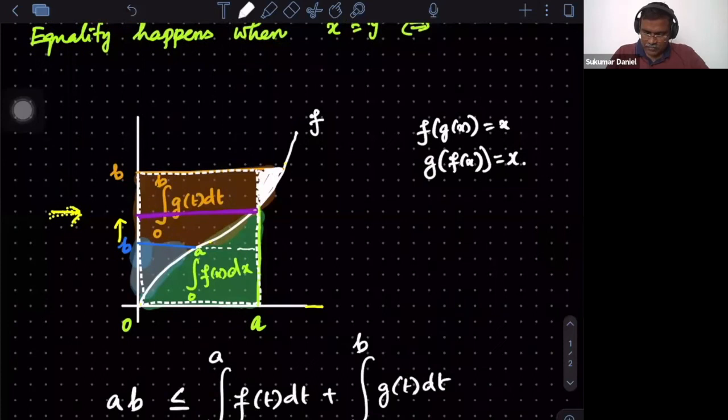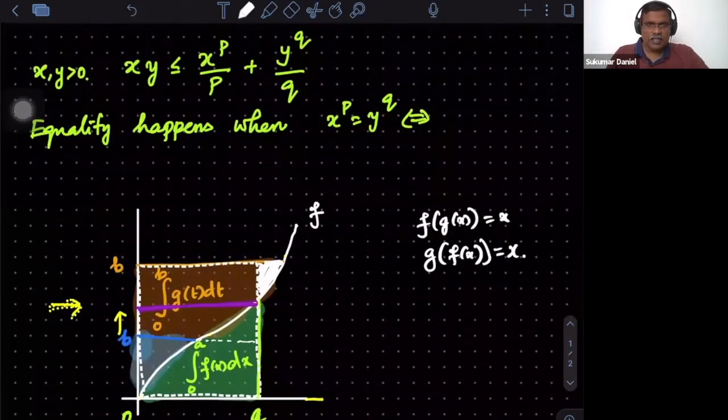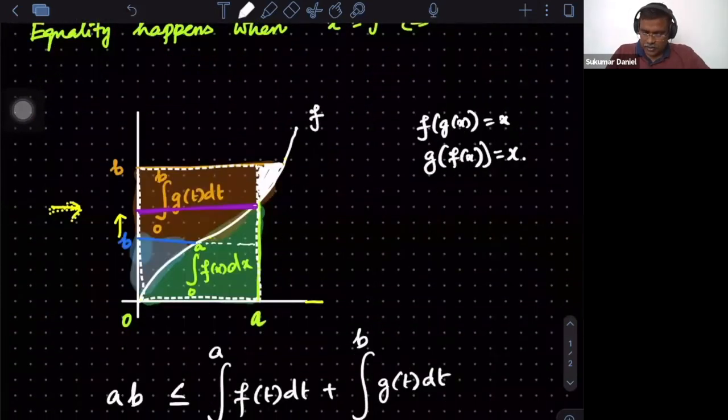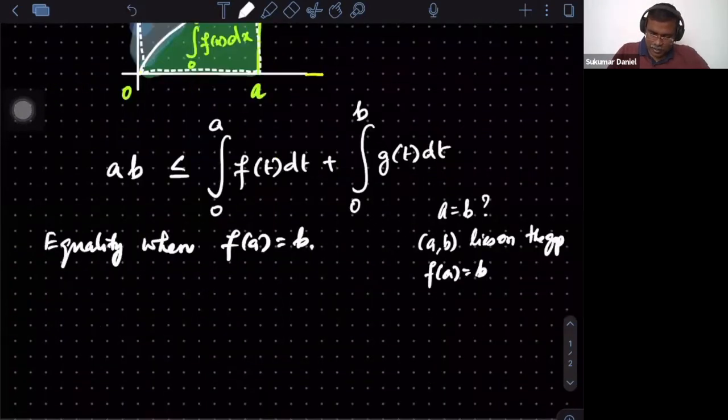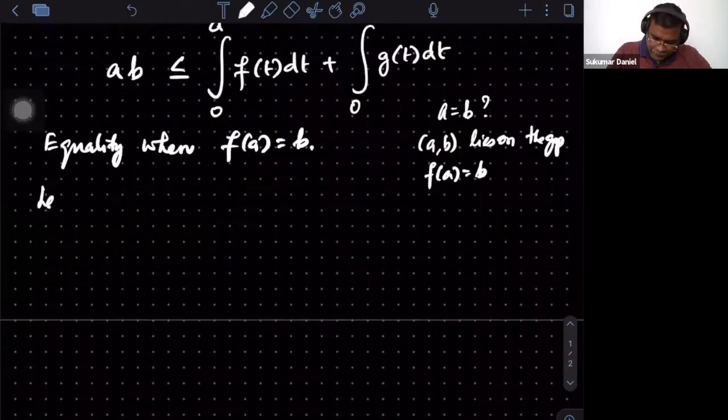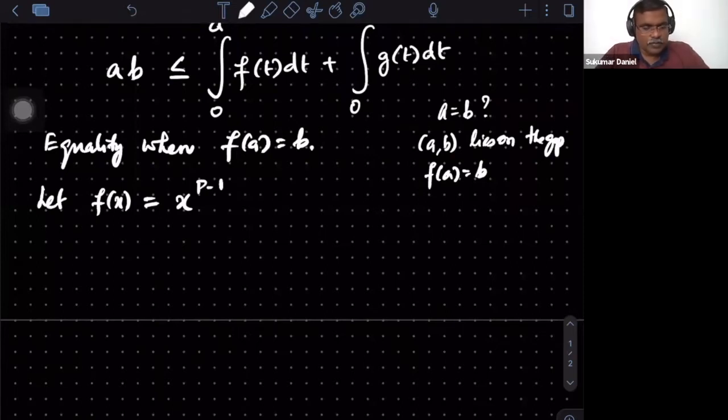But on the other side, if I want to get X power P by P, then what function I should start with is also clear. So let f of x equal x to the power P minus 1. I hope you all would have guessed correctly.